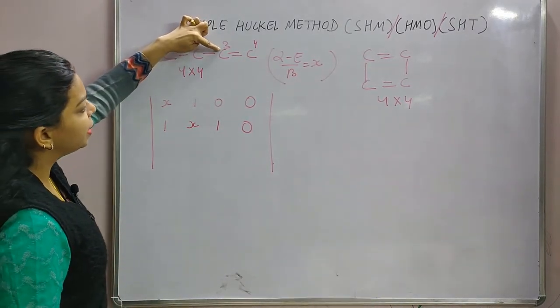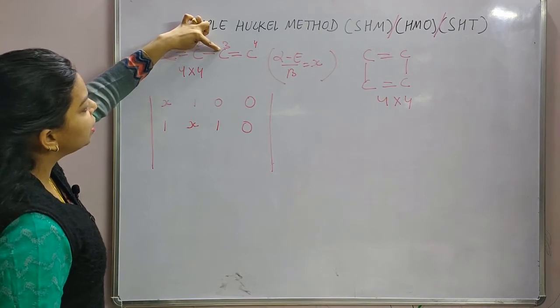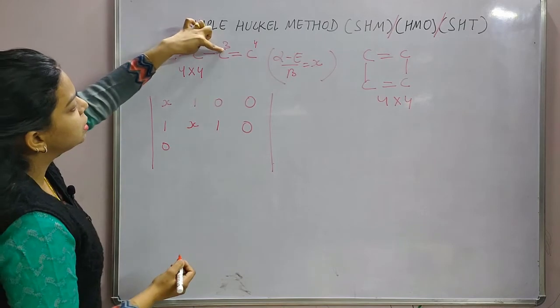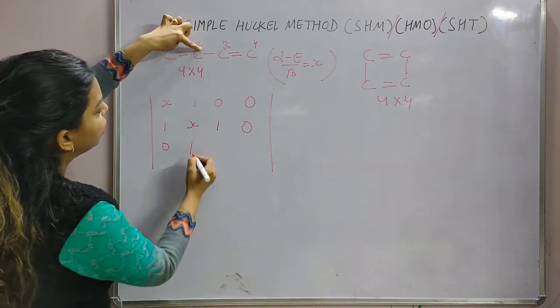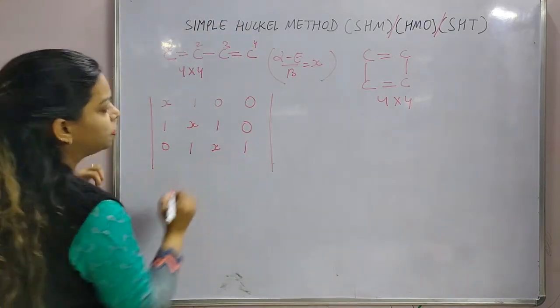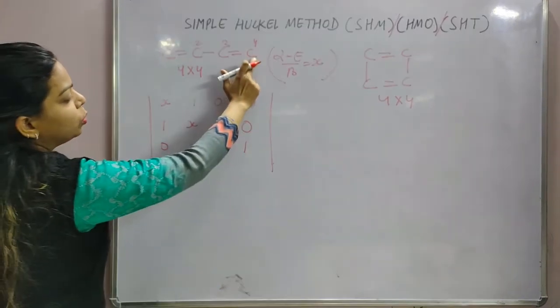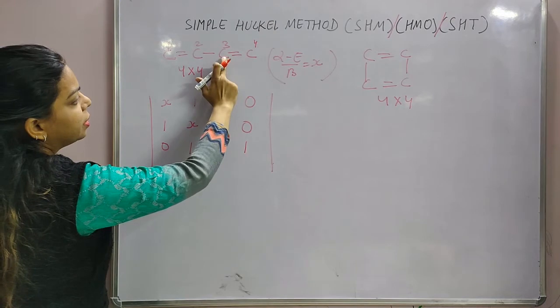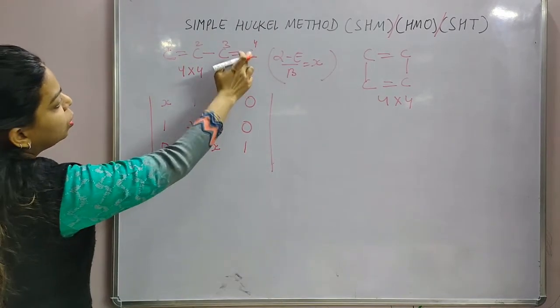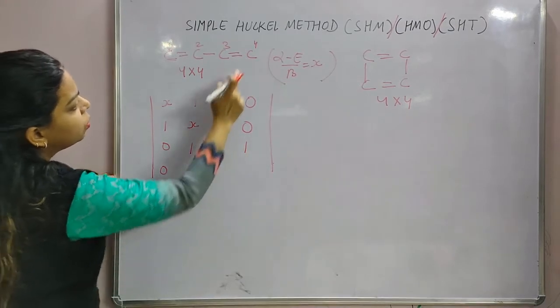Moving on to the next carbon atom. This one is not connected to the first carbon atom, 0. This is connected to the second, 1. For itself, X, connected to the fourth, 1. Moving on to the fourth atom. This is not connected to the first, 0. Not connected to the second, 0.